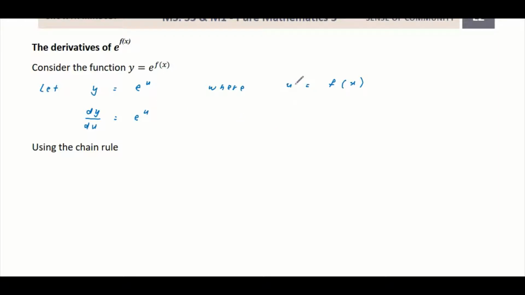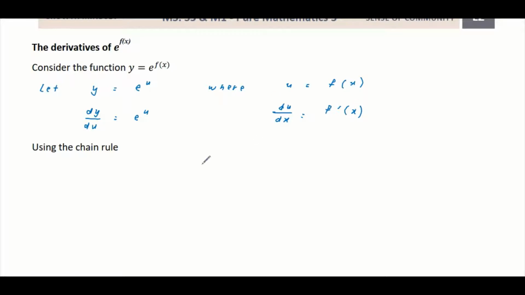Okay, so what do I get when I differentiate u, which equals the function f(x), with respect to x? Now this one will be du/dx. Okay, so when I do my differentiation, I don't have my function here, right? But I know that I'm going to differentiate it, so I just write it this way.